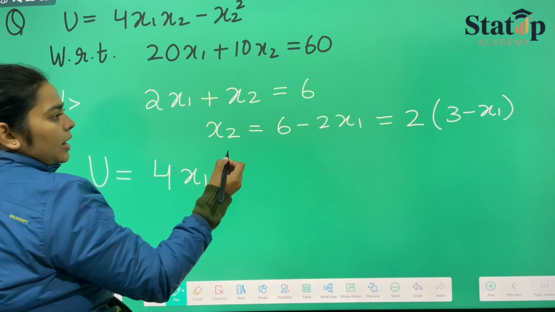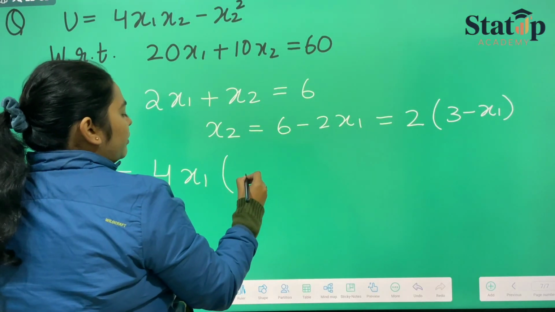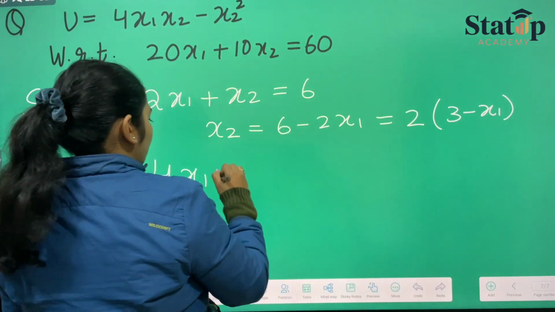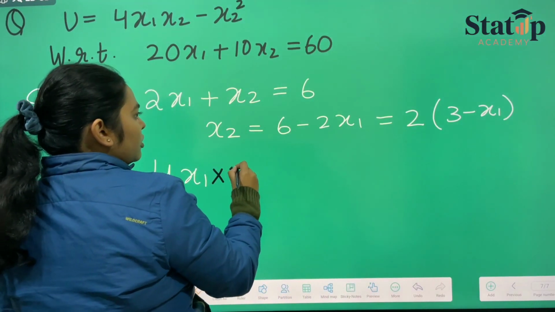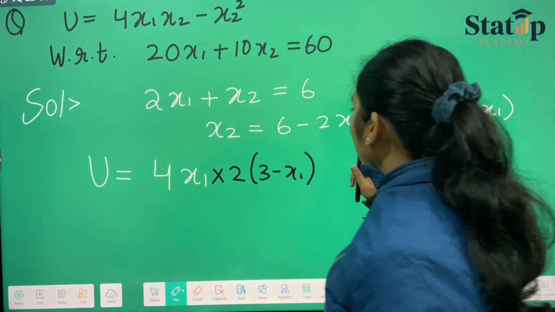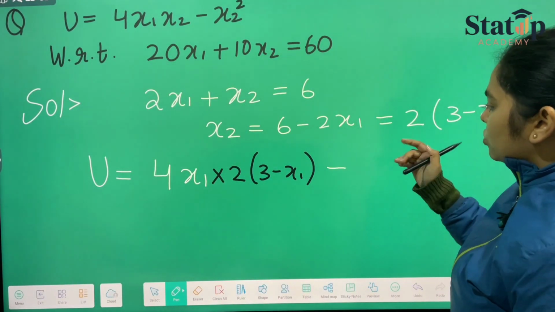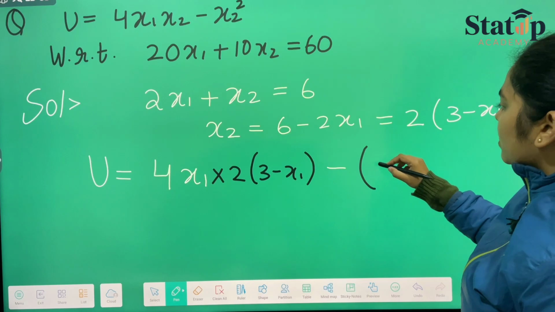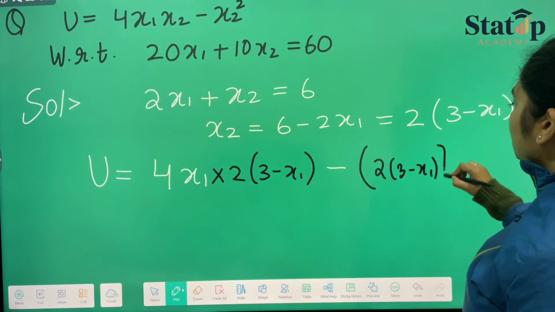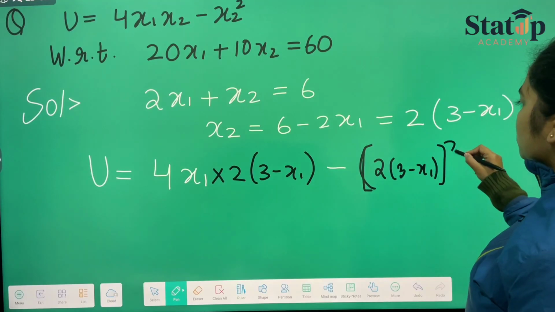Now keeping this in the utility function, 4x1, x1 remains as it is. Instead of x2, we write 2 into 3 minus x1, minus x2 whole square. x2 whole square means 2 into 3 minus x1 whole square.